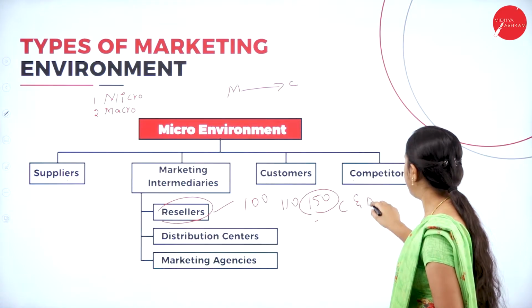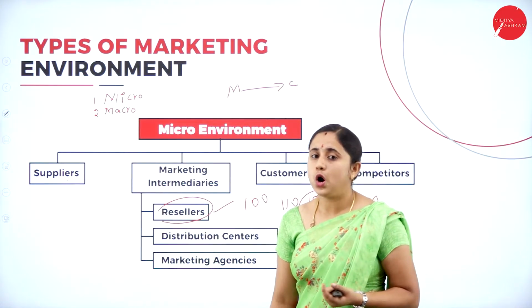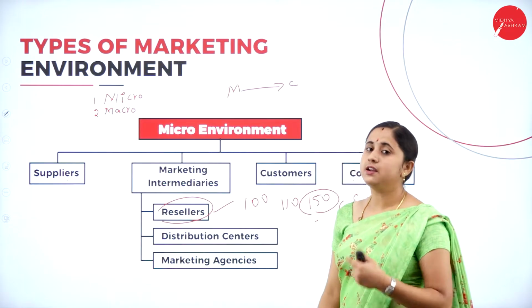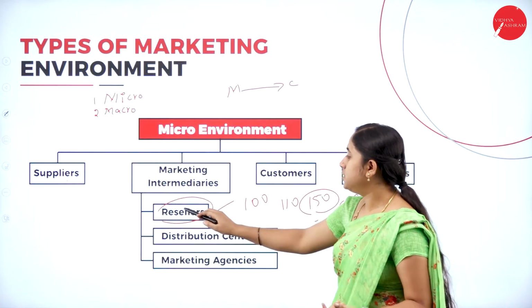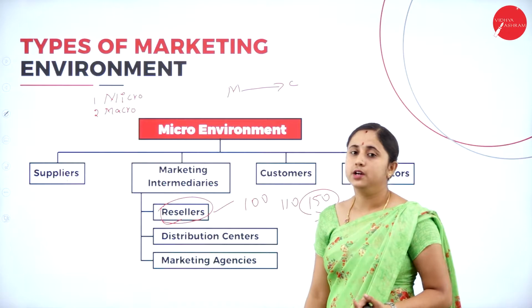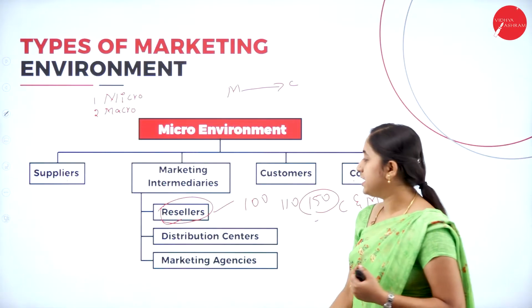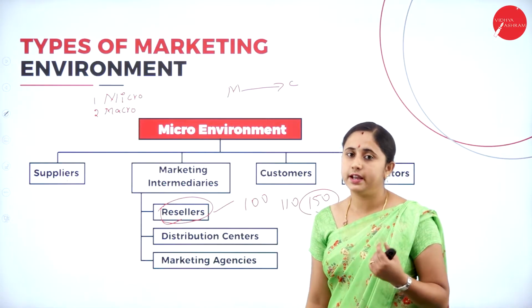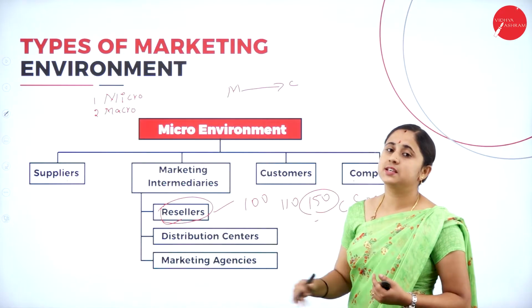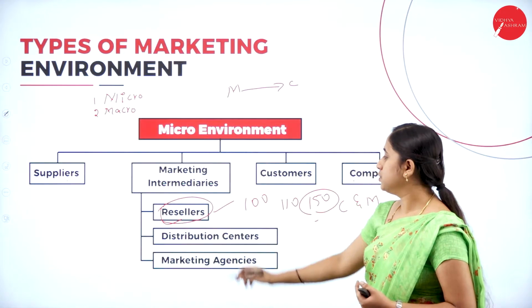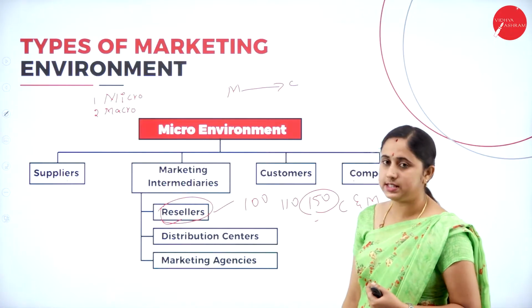So you need to concentrate on the reseller. Every manufacturer needs to study the reseller: at what cost the reseller purchases, as well as at what price he is selling in the market. So you need to consider the reseller.